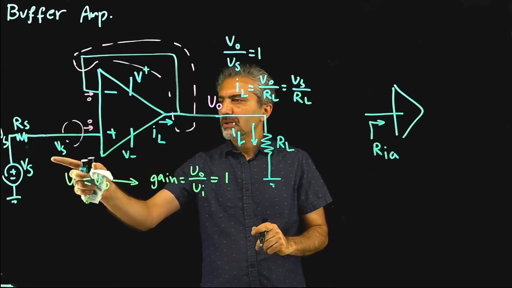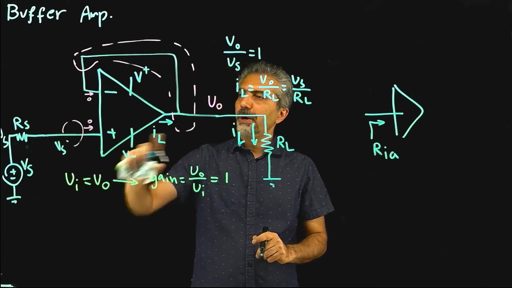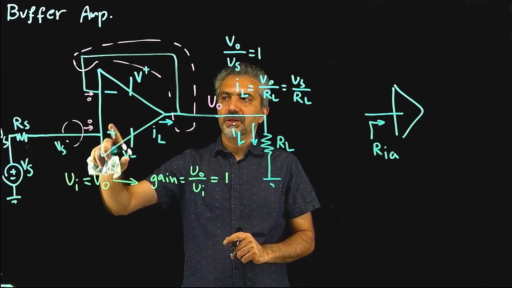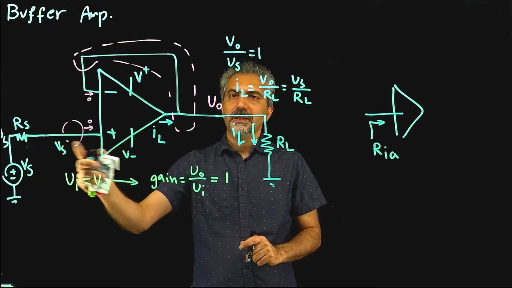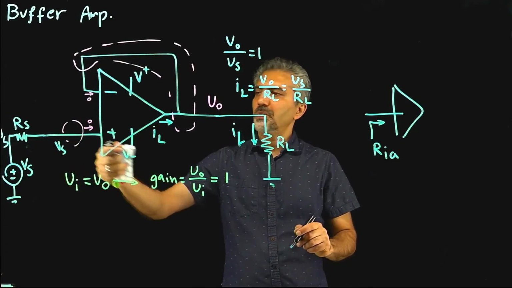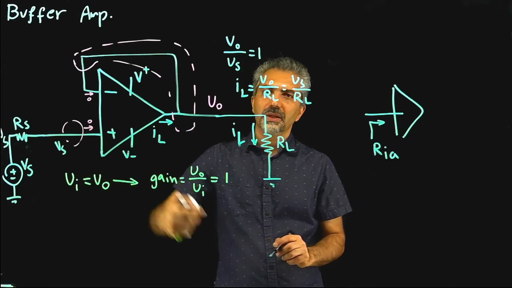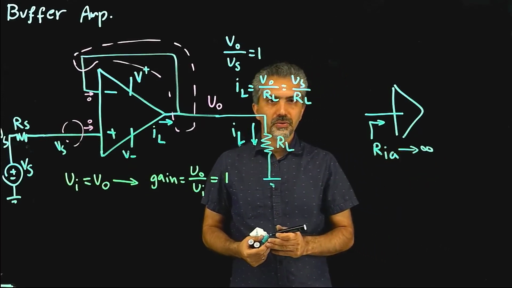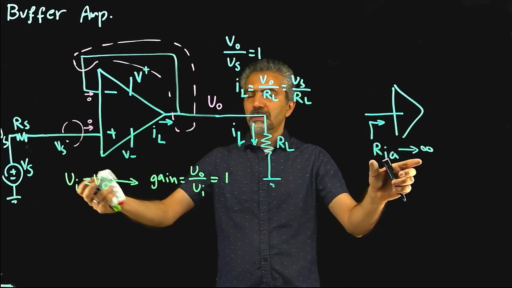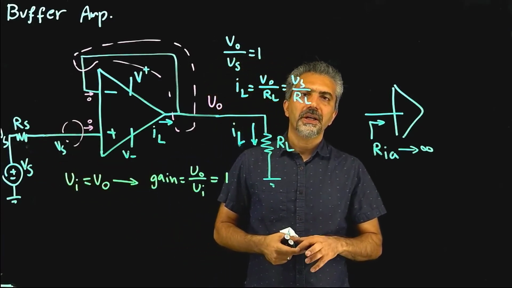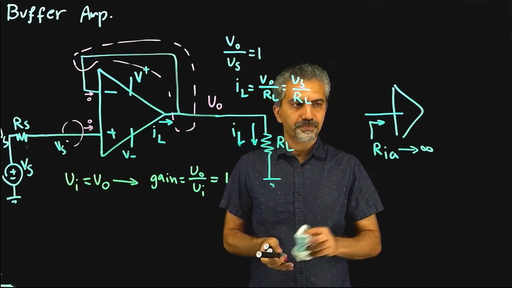So a lot of times it's a good idea to use a buffer or something that looks like this configuration in order to make sure that you are not losing any of that signal, which means that you want to make sure that the internal resistance of your amplifier is huge. And as a result, or in other words, the current that is going to your amplifier is close to zero.